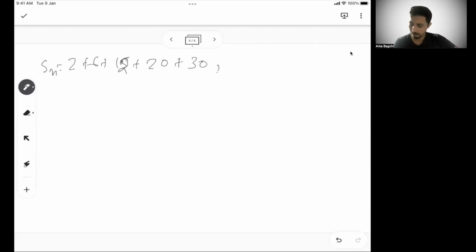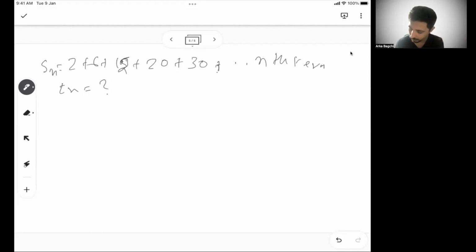Now you don't know how to find the generic term of it, how to find Tn. You are not able to see that n square plus n is the generic term that can explain all the other terms. Then what will you do?